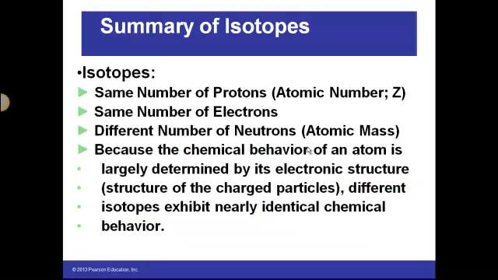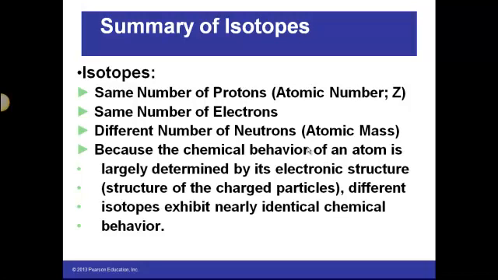So overall, a summary of our isotopes. Isotopes of the same element have the same number of protons. Their atomic number is going to remain the same. They have the same number of electrons then, because they're going to balance out the same number of protons. They have different numbers of neutrons, so their atomic mass is going to differ from one another.